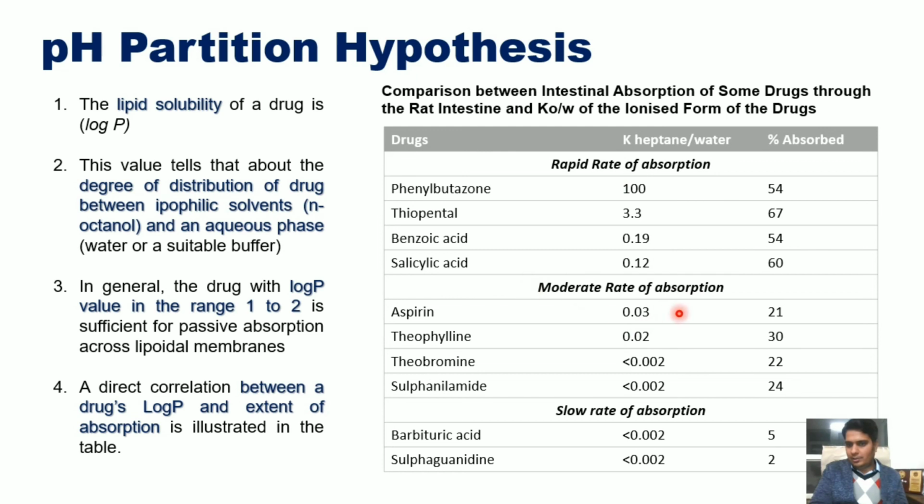A moderate rate of absorption you will see if the drugs have a log P value, or you can say a partition coefficient, in the moderate region. If the partition coefficient of some drugs is very low, then the absorption of those drugs will be very low, you can see here. So these types of drugs will not be absorbed efficiently into the systemic circulation.